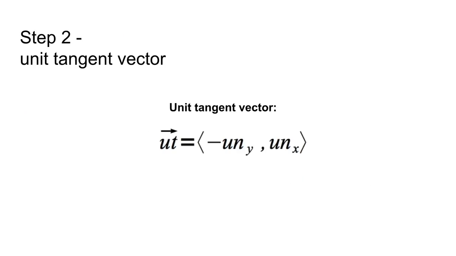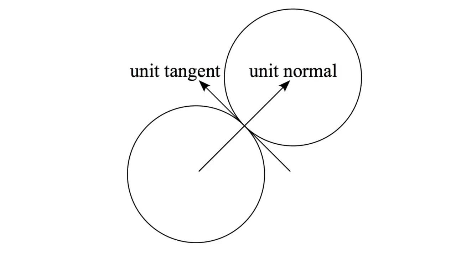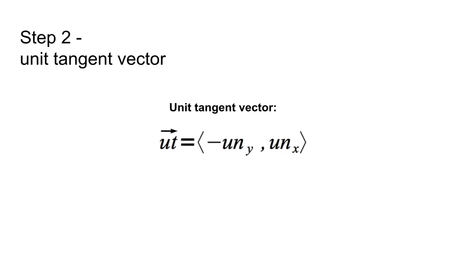Step 2, finding the unit tangent vector. Back to the drawing, you can see that the unit tangent vector is a vector that has a length of 1 and is tangent to the surfaces of the balls at the point of the collision. We can find it by using our unit normal vector that we already found. We just take the x value to be minus un.y, and the y value of the unit tangent vector to be un.x.